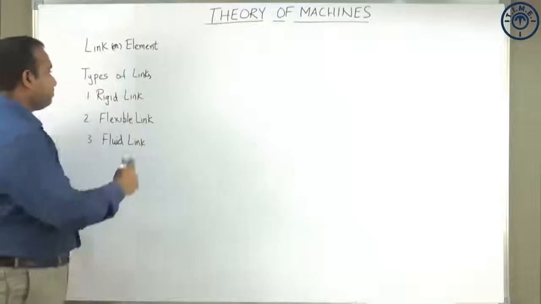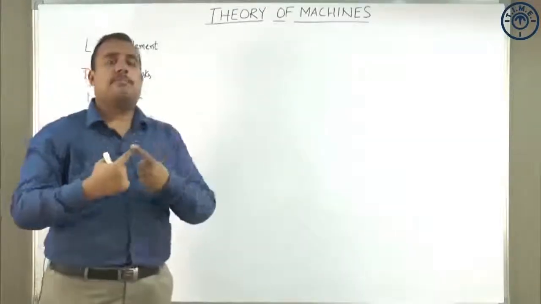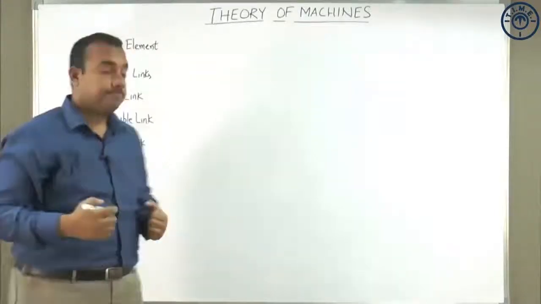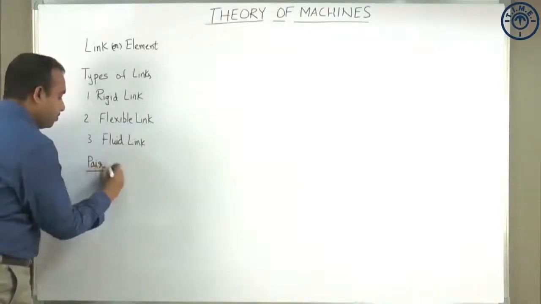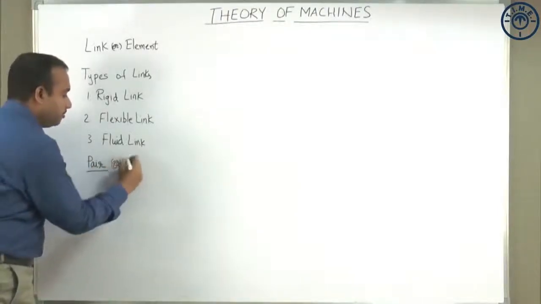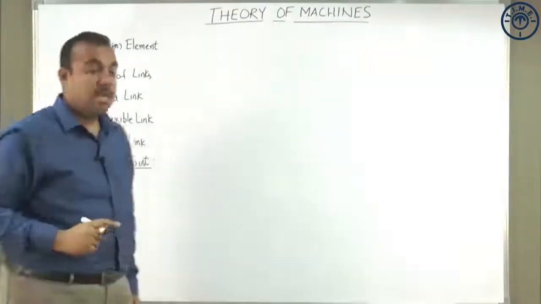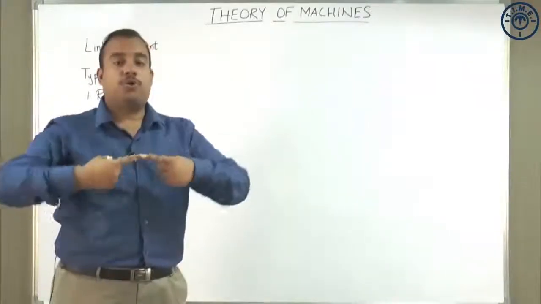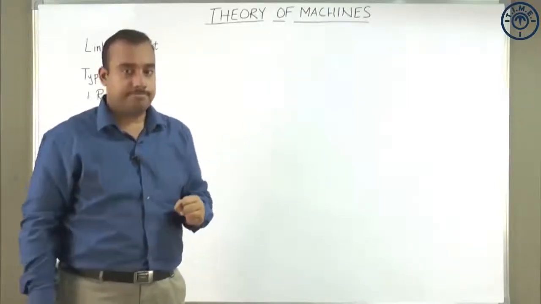Now, we have talked about a link. When two links combine, they form a pair or a joint. When we say a pair or joint, it is a combination of two links having relative motion with respect to each other.